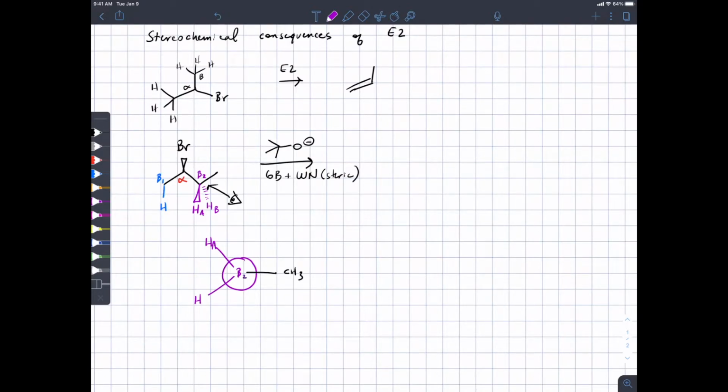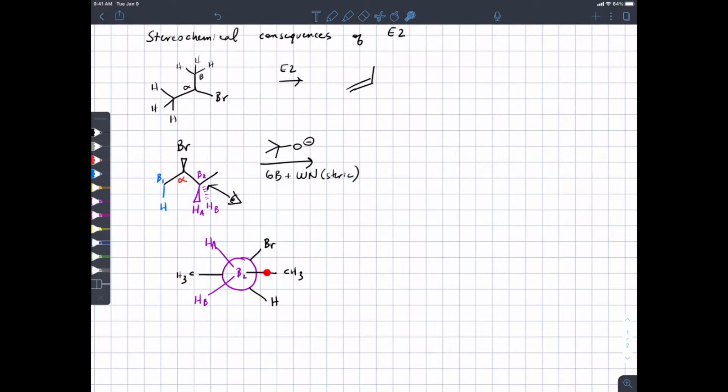The up one we're calling A, the down one we're calling B. Then anti to the methyl group is a CH3, a bromo is up, and there's another proton that's implied that's down. Notice that HA and HB experience different environments.